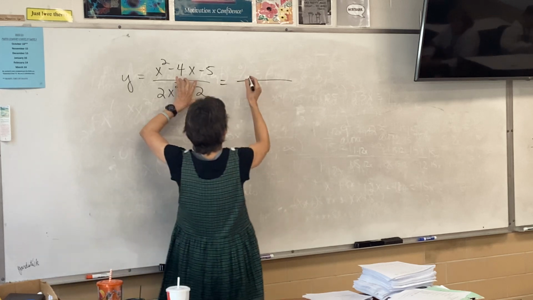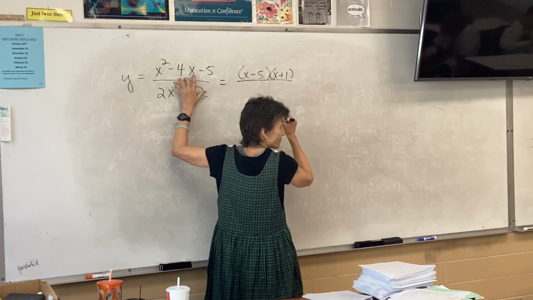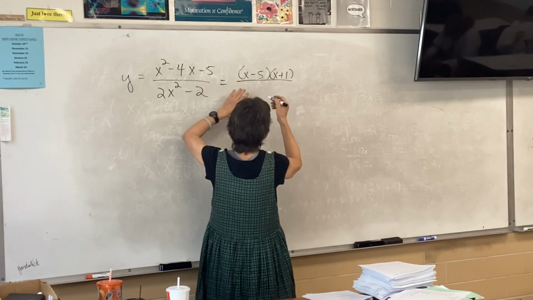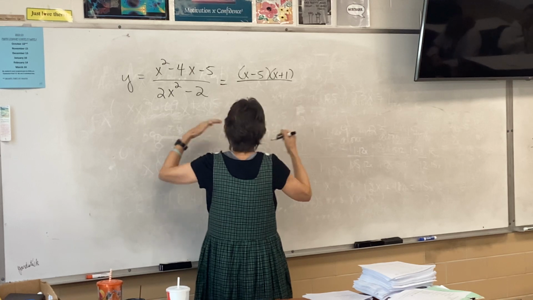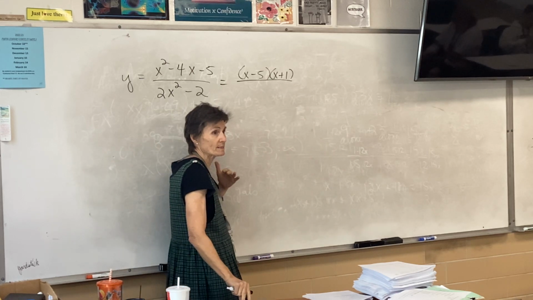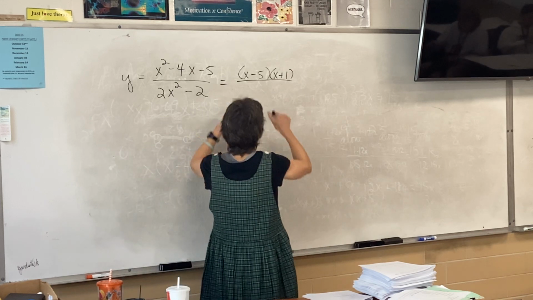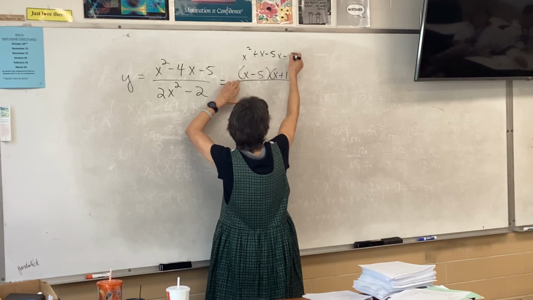Alright, so I'm here in Scout, X minus 5, X plus 1. I'm gonna double check that. I always double check my factoring, especially on this problem, because it's worth so many points, and I don't wanna screw that up. So X squared plus X minus 5X minus 5.